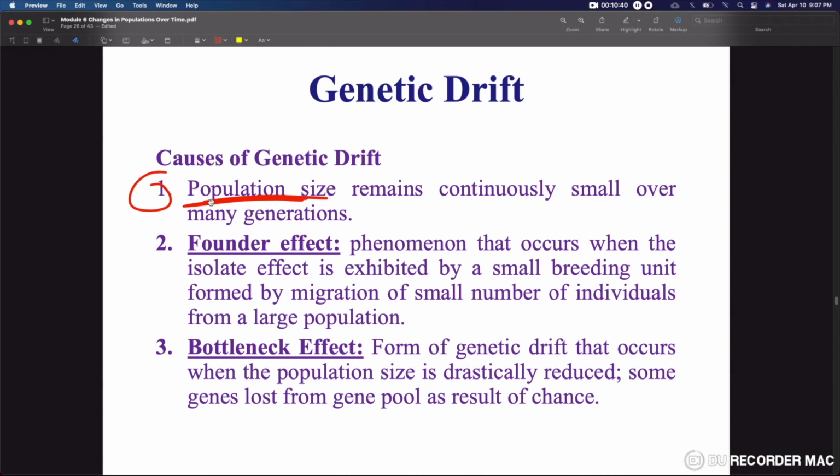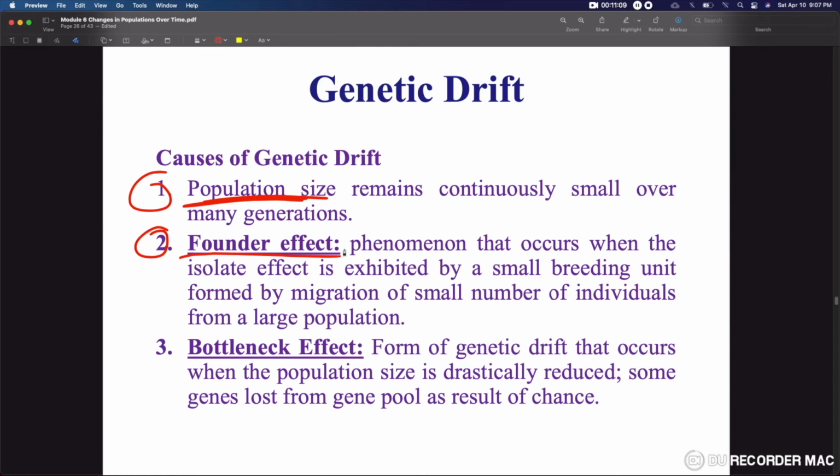A continuously small population is in dire danger of suffering genetic drift. Your founder effect. Yeah. The founder effect phenomenon naman, of course, that's why it's called a founder effect, because when a small band of people moves away from the general population and founds a new community.